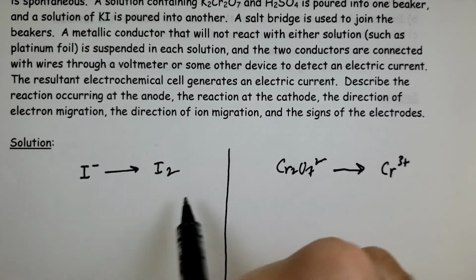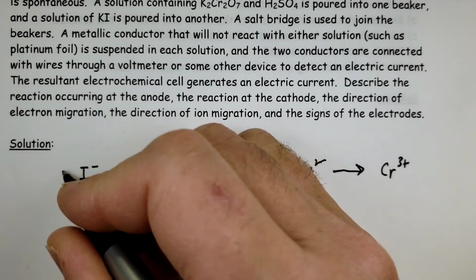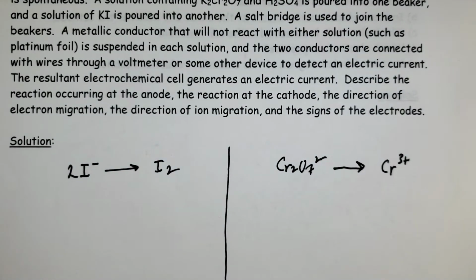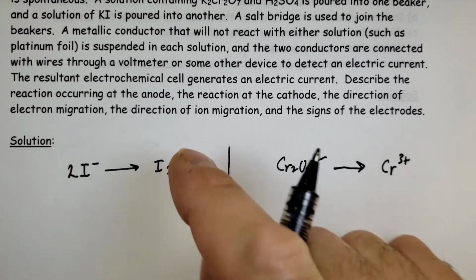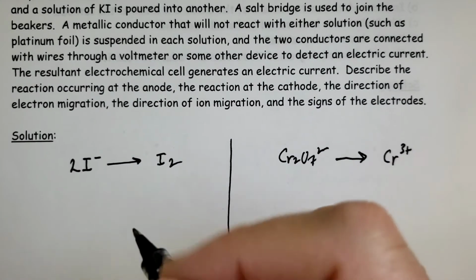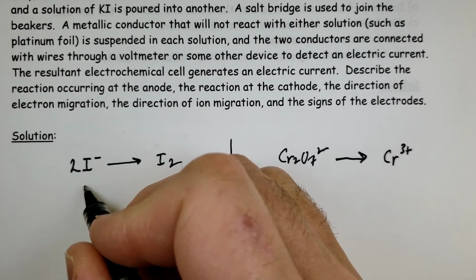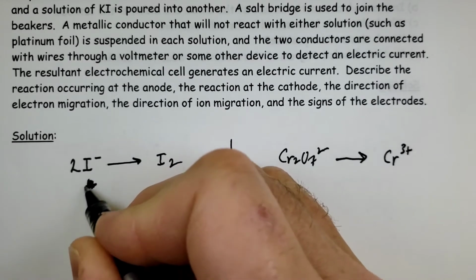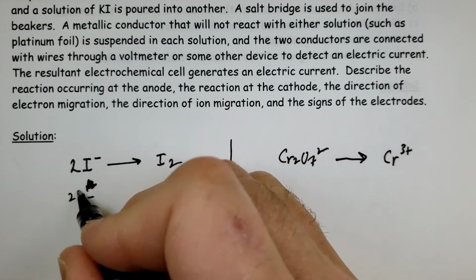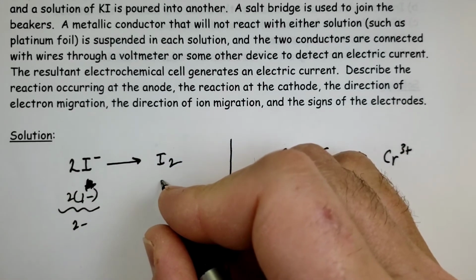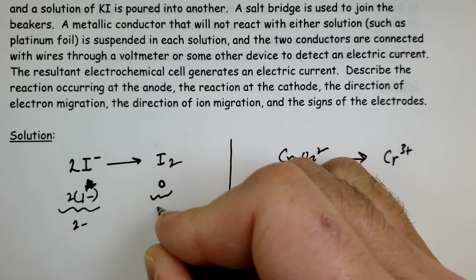So first of all, we have to balance non-oxygens and non-H's. So we have that, 2 and resulting in 2. And now there's no oxygen to balance, no hydrogen to balance. So now we just have to balance charges, right? Over here we have a -1 charge, there's one negative, but we have 2 of them. So that's going to give us a total of 2 negatives. Over here we have 0, so that's a total of 0.